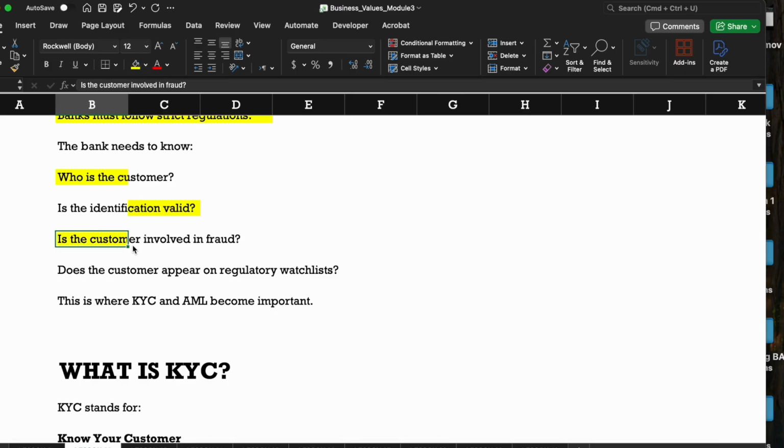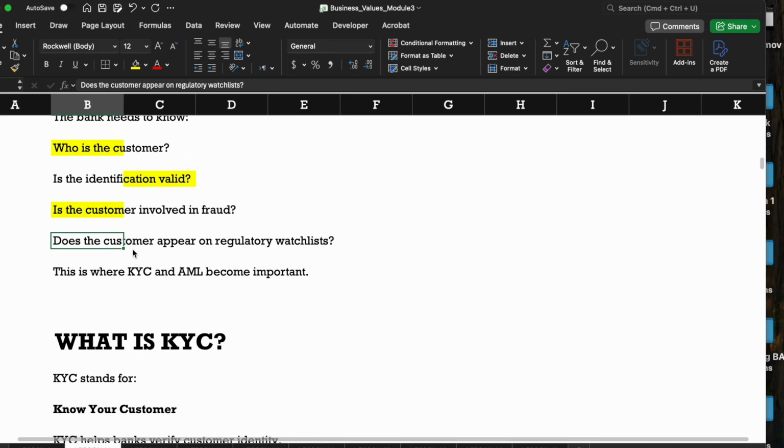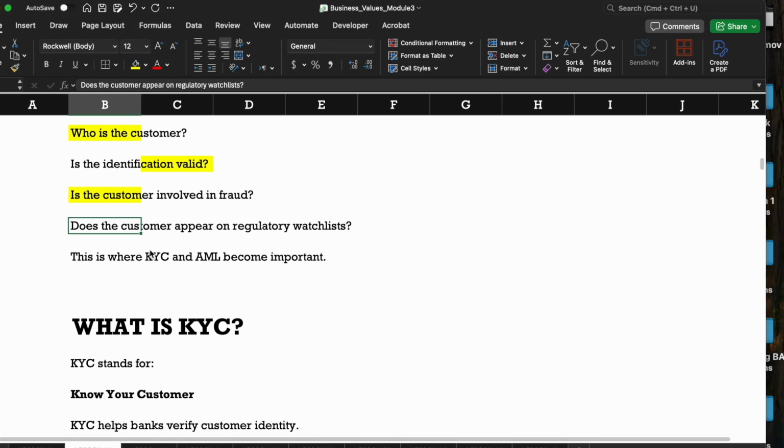A customer can commit fraud in one bank, close the account, and go to another financial institution. So it's very important to check whether this customer's personal information is involved in fraud before we onboard the customer. Does the customer appear on a regulatory watch list? I'll not get into more detail, like whether this customer is blocked by a sanctioned country, or whether this customer is wanted.